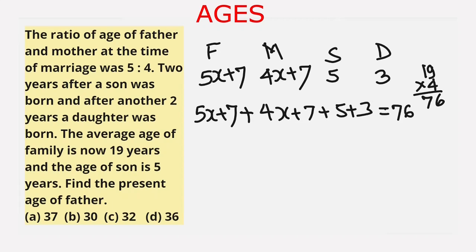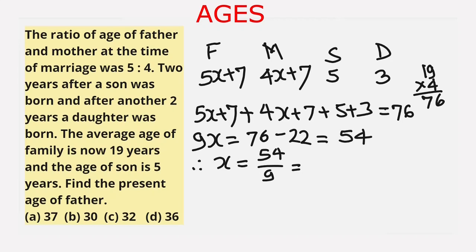Now we solve this. 9x equals 76 minus 7 plus 7 is 14, plus 8 is 22. So it is 76 minus 22, which is 54. Therefore x equals 54 divided by 9, which is 6.